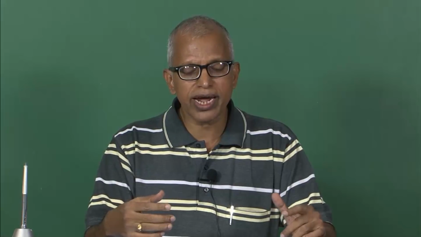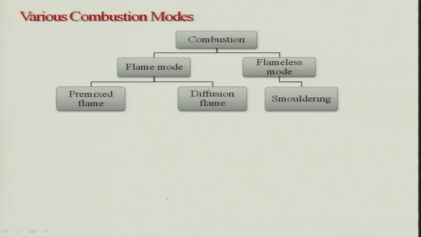So, various combustion modes will be there, because now we have talked about the fuel. Now we should understand what kind of combustion will be taking place. If you look at it, combustion can be broadly divided into flame mode and flameless mode, because flame is the genesis of combustion.